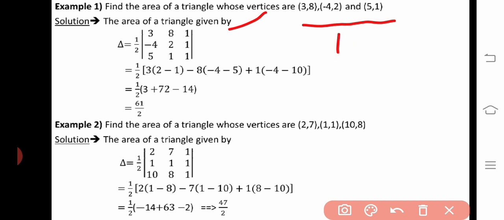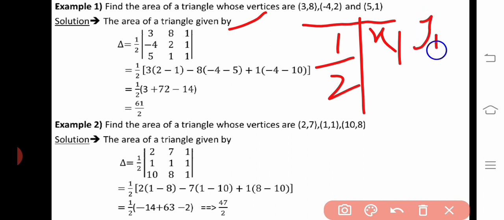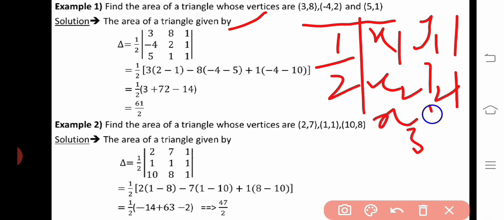Determinant equals 1 by 2 into x1 y1 1, x2 y2 1, x3 y3 1. Then x1 is 3, you have to write 3. x2 is minus 4, write minus 4. x3 is 5 as it is.